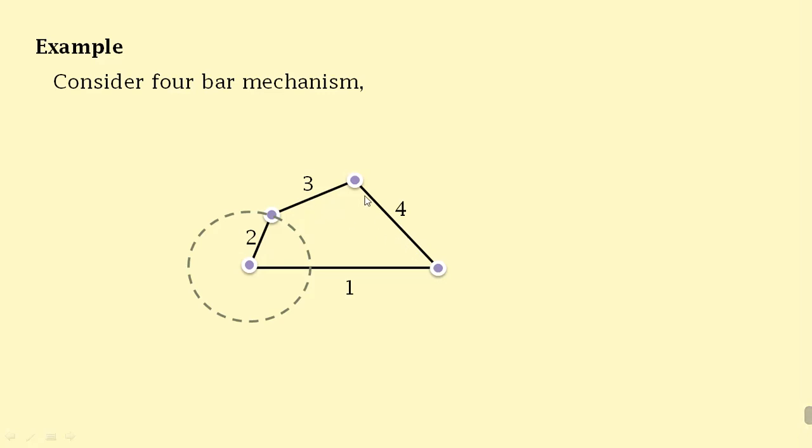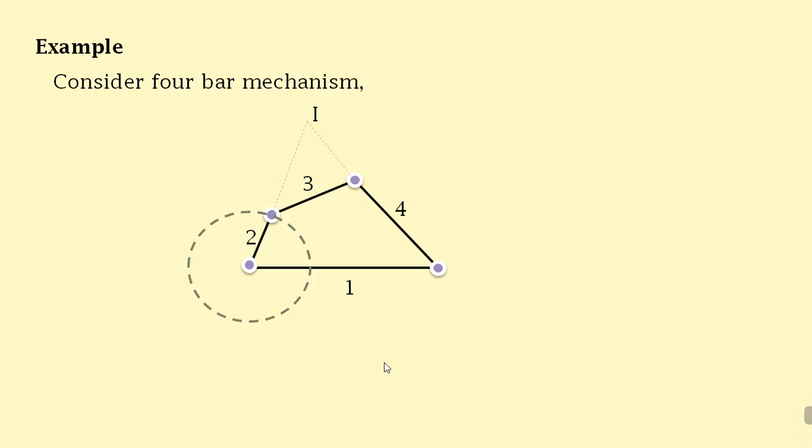Which link is going to have the instantaneous center which satisfies the exact definition? Here, the third link. During the rotation, this third link will have oscillations as well as displacement, because it has two revolute joints, and these two revolute joints are not fixed in location. That is why this third link will exactly satisfy the instantaneous center condition.